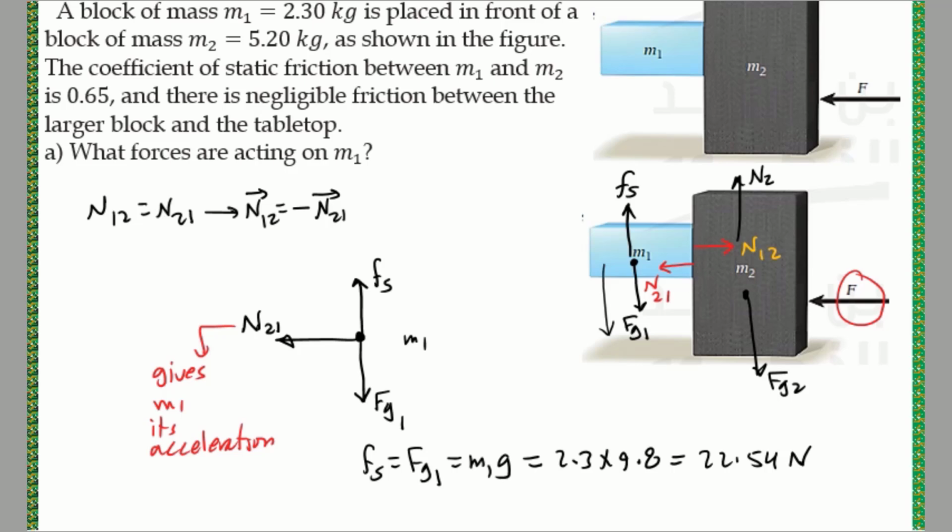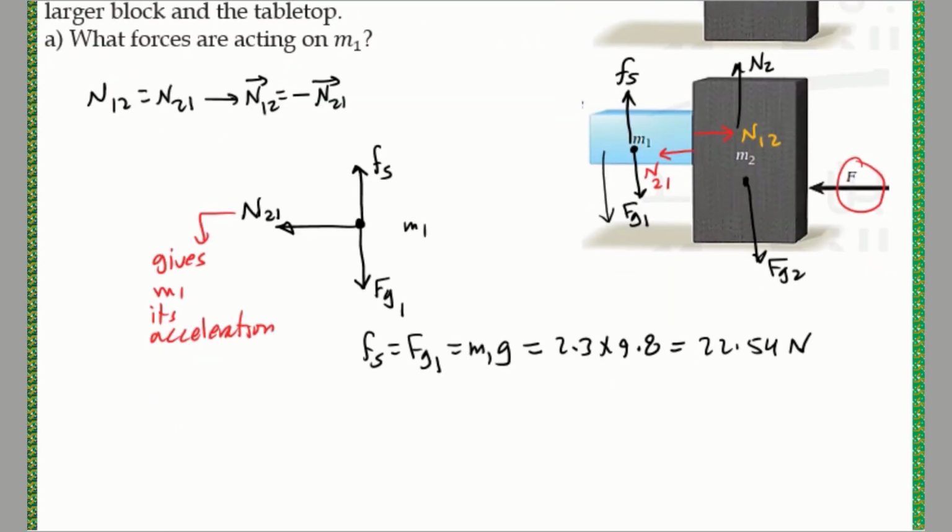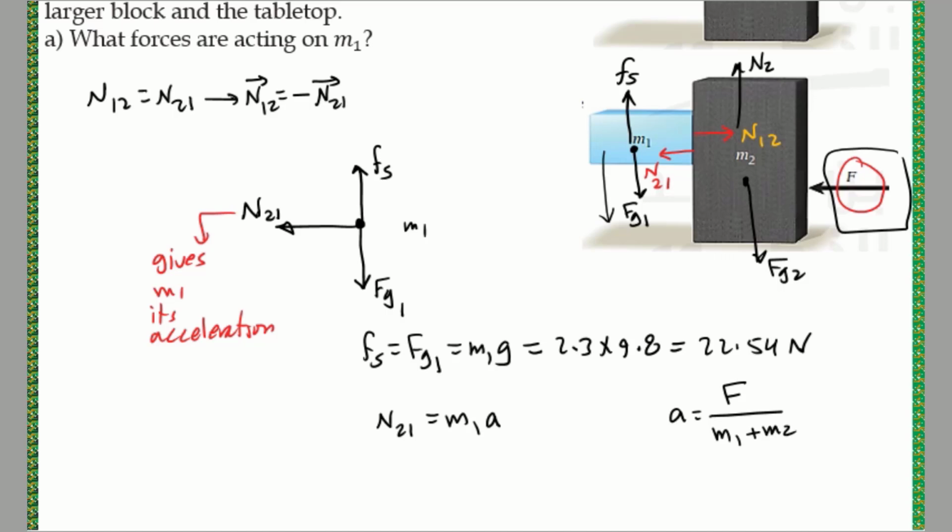Now, N21 should be M1 times the acceleration. And if you need to find the acceleration, it is the force that puts the system in motion, which is F, divided by the two masses M1 plus M2.